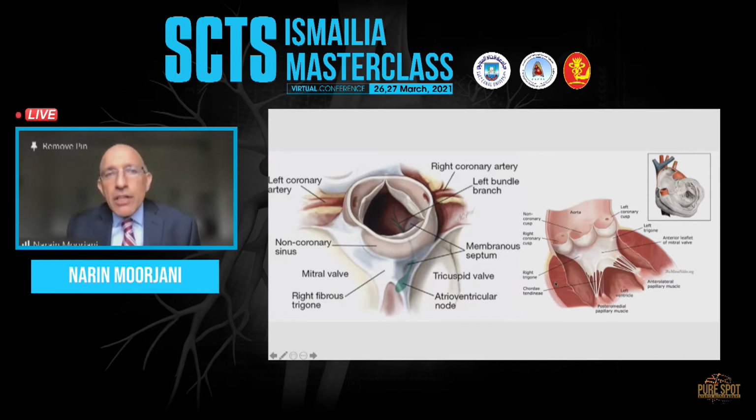The anatomy of the conduction system and valvular surgery is very, very important. Here we can see again the atrioventricular node, the bundle of His, and the conduction fibers in their proximity to the different structures. If you're performing mitral valve surgery, note the proximity of the conduction system to the right fibrous trigone.